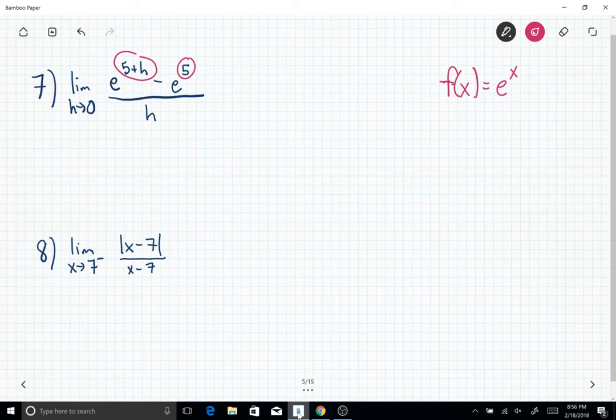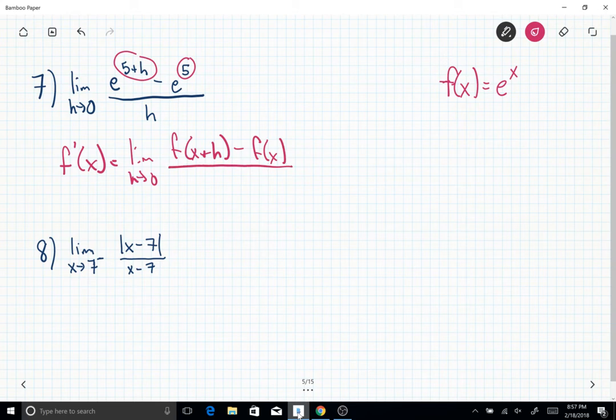Well, we know that in that case f prime of x equals the limit as h approaches 0 of f of x plus h minus f of x all over h, right?